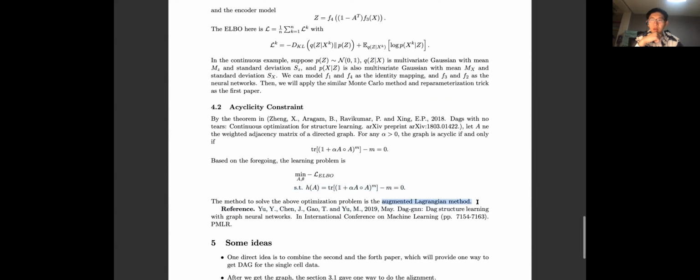I forgot the details, but I think since this h(A) includes the matrix exponential M here, it is not a linear constraint of A. So even if we use the augmented Lagrangian method, maybe we cannot get an A that follows this constraint. Yeah, right.